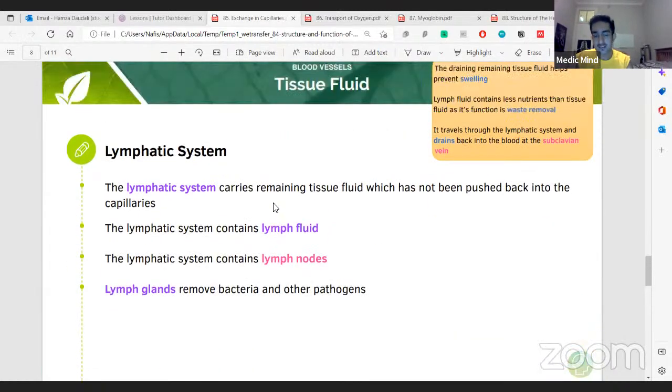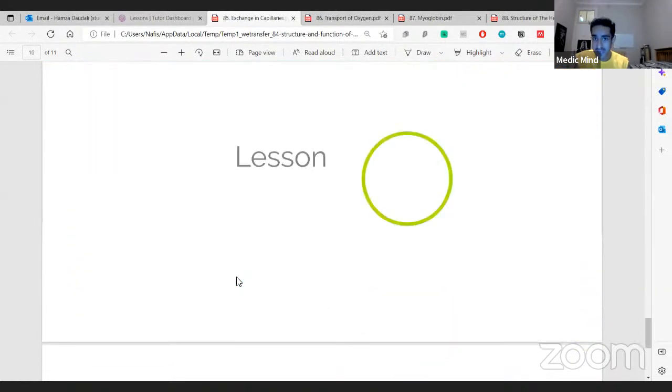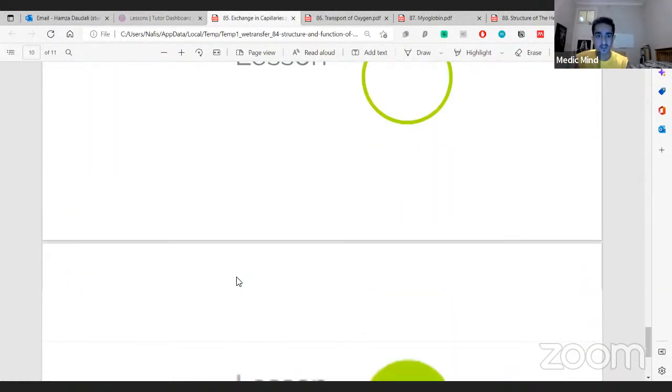And your lymphatic system carries this remaining tissue fluid, which has not been pushed back into the capillaries. It also contains lymph nodes, and the lymphatic system forms a key part of your immune system because it helps remove bacteria and other pathogens. But again, I'm going to give you a whiteboard of information on this, so don't worry about taking too much information down right now.